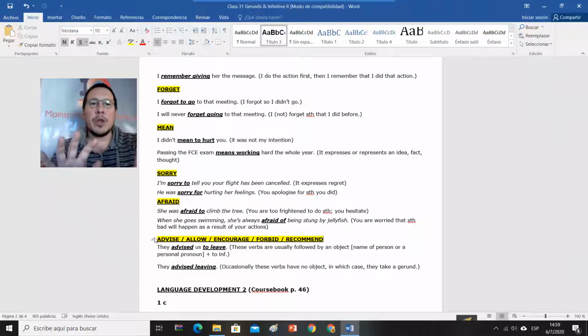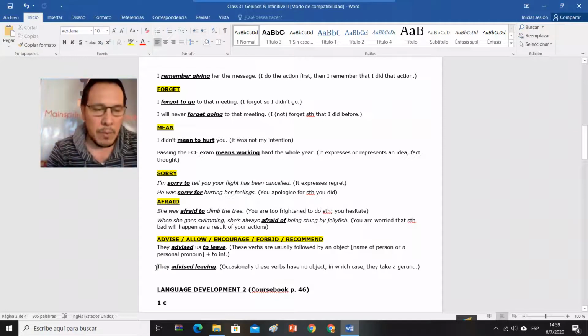That is something you already know, and here you have the explanation. Now, when does the structure change? Have a look at the second example. They advised leaving. There is no someone. It's not that they advise someone. No, they advise and there is no someone.